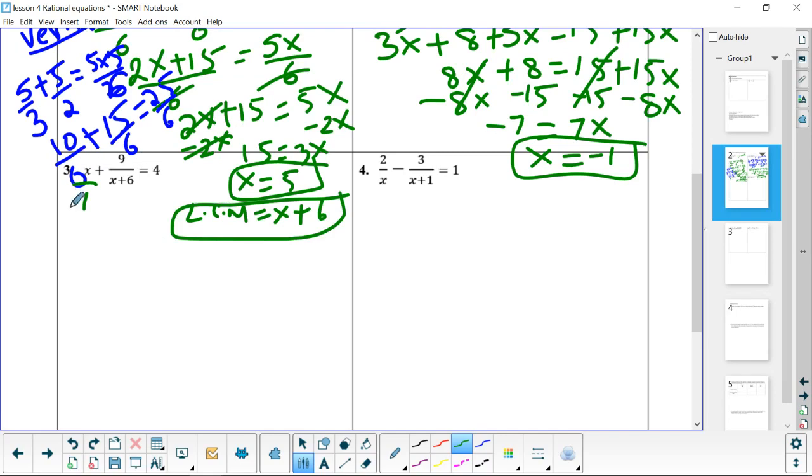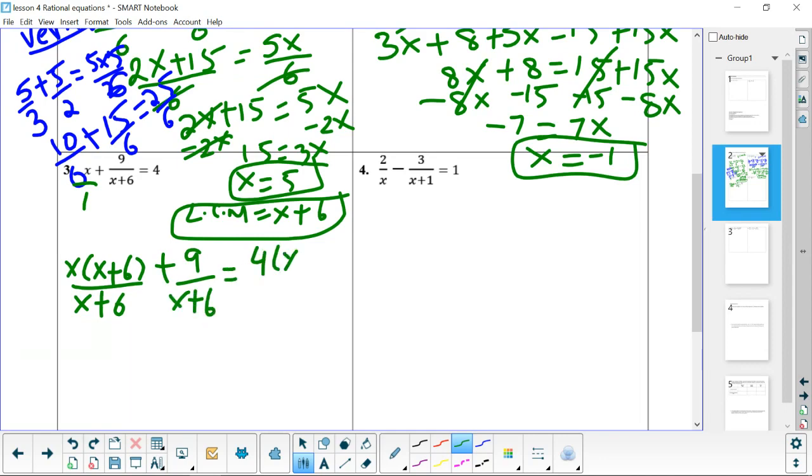In the first rational expression, that is x by 1, I will multiply the numerator and denominator by x plus 6. So I will get x into x plus 6 divided by x plus 6, plus 9 divided by x plus 6, and this 4 also I will multiply and divide by x plus 6.